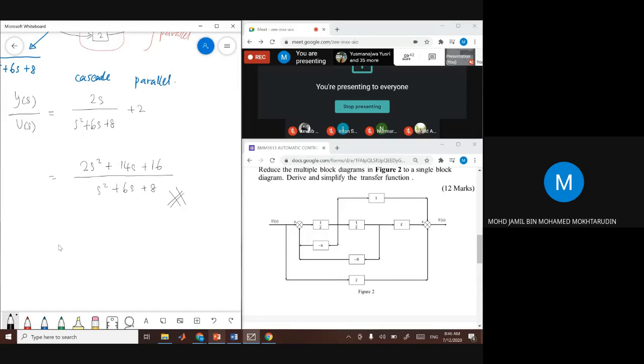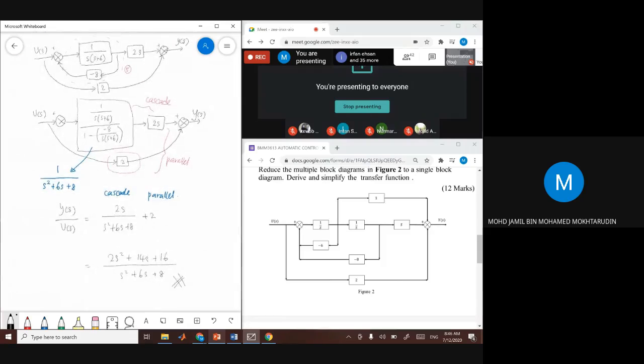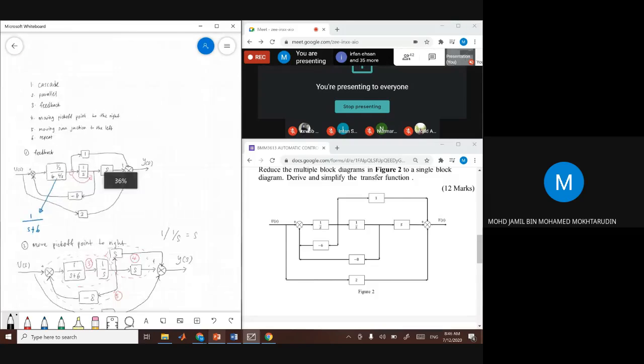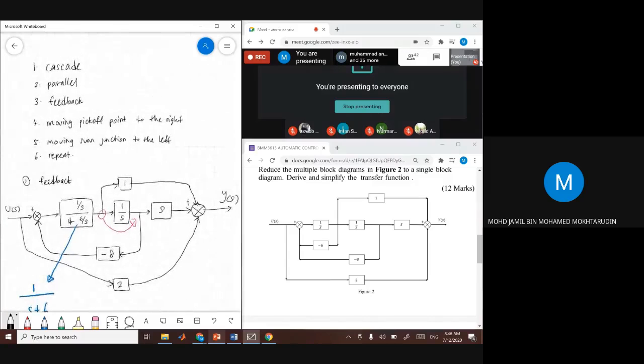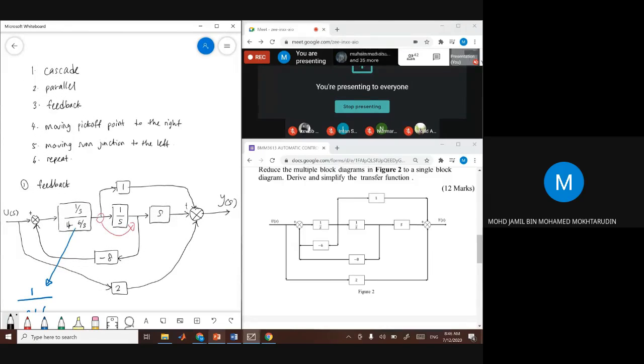So if you have a question on block diagram reduction, try to follow the rules given, because the rules given here, although taken from the internet, are trying to solve the block diagram to get the most simplified final transfer function.